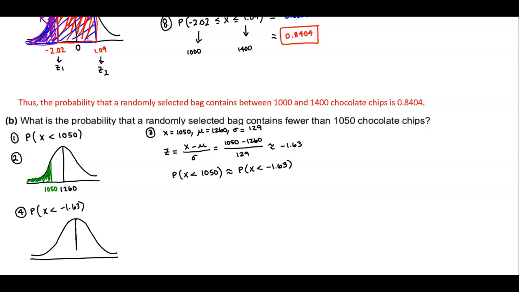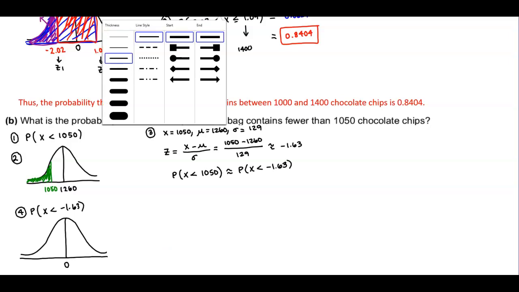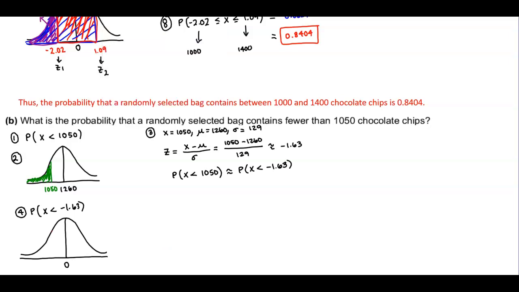Okay, now this is the standard normal distribution, and I want to line that up with this one as well, so we're going to have a 0 here. And we know that the z-score that's associated with 1050 is negative 1.63. And so now we want to find the area here.